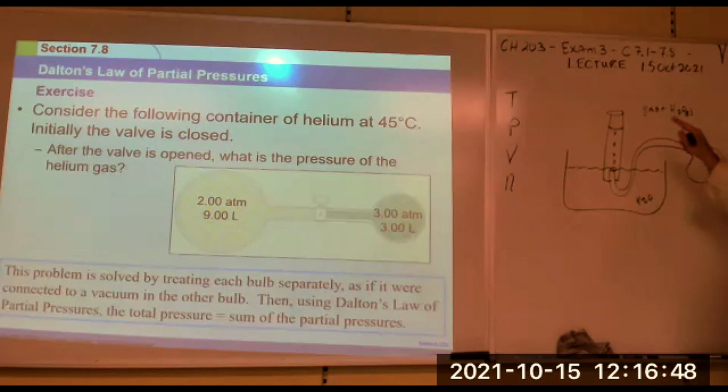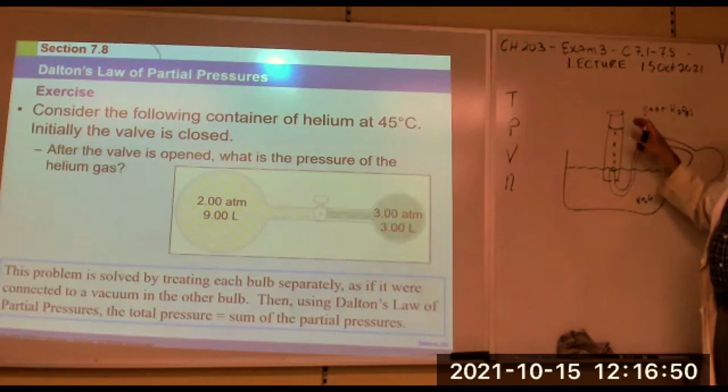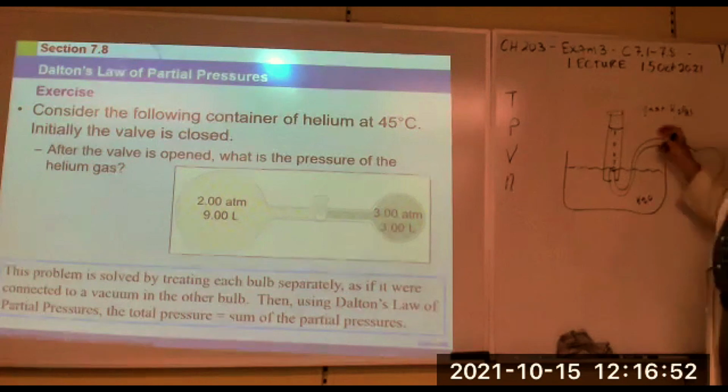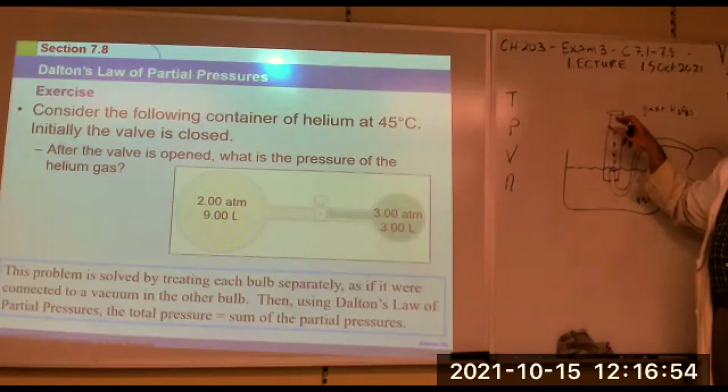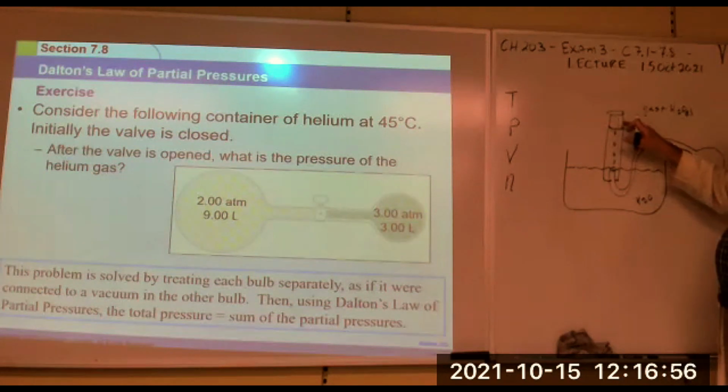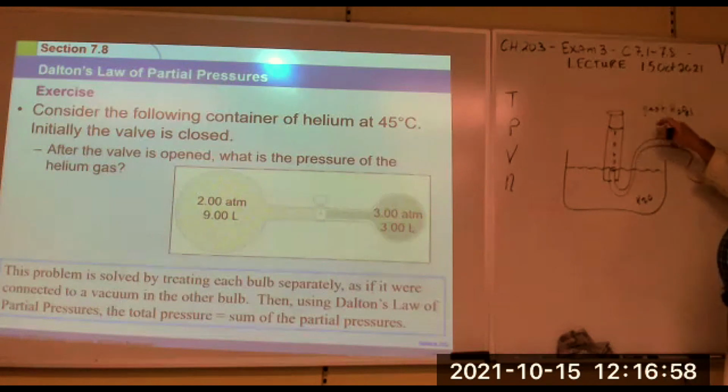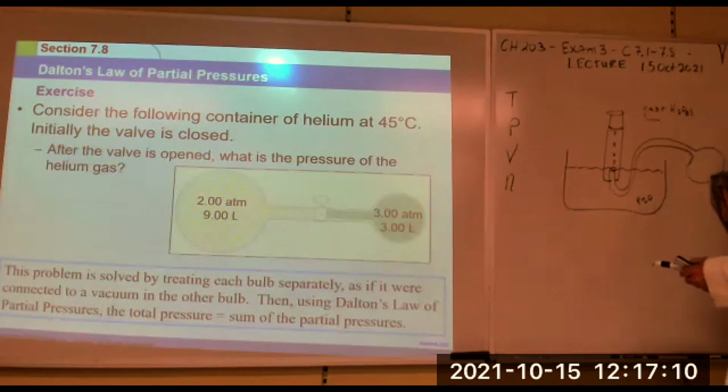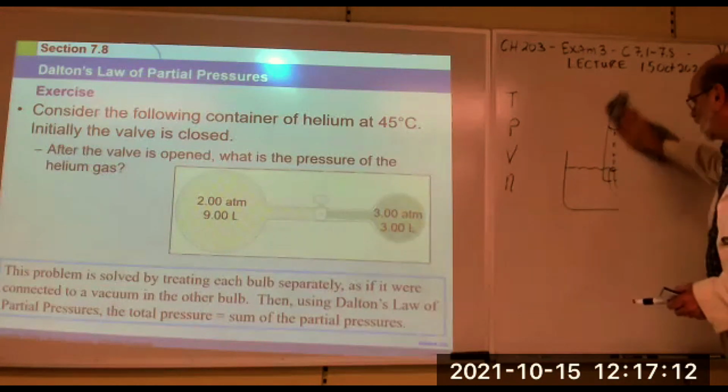So if you know the temperature, there's a table that'll tell you what the vapor pressure of water is at that temperature. And you can measure the total pressure and subtract it. Subtract the pressure of the water vapor from the total, and now you have the pressure of your gas. So that's a practical application of Dalton's law.